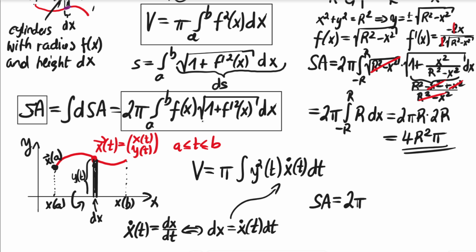And for the surface area, it's very similar. So we start at this point. I don't go through all the details once again. The f of x is the radius, so it's now the y of t. And what we have then is the square root of x dot t squared plus y dot t squared, dt.